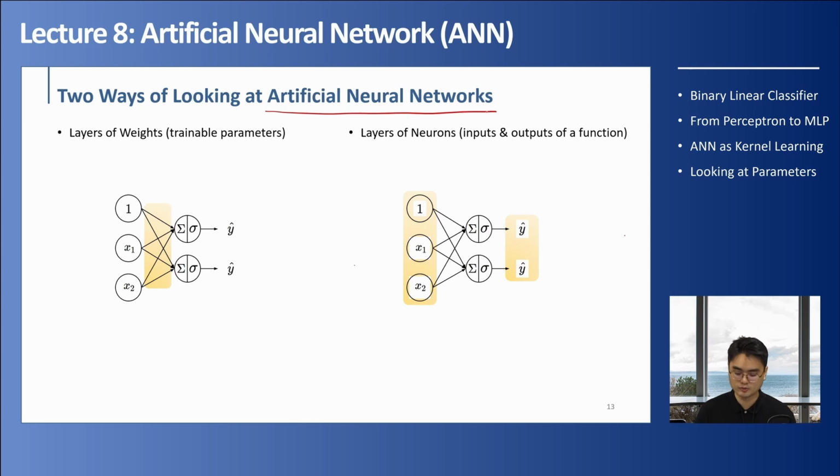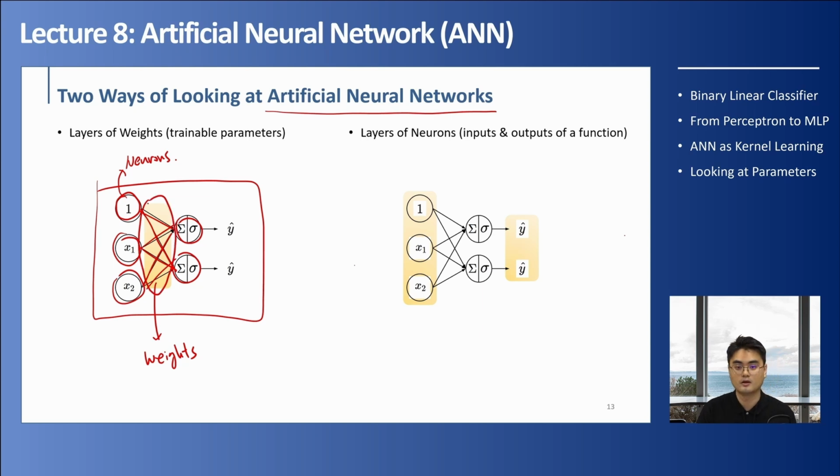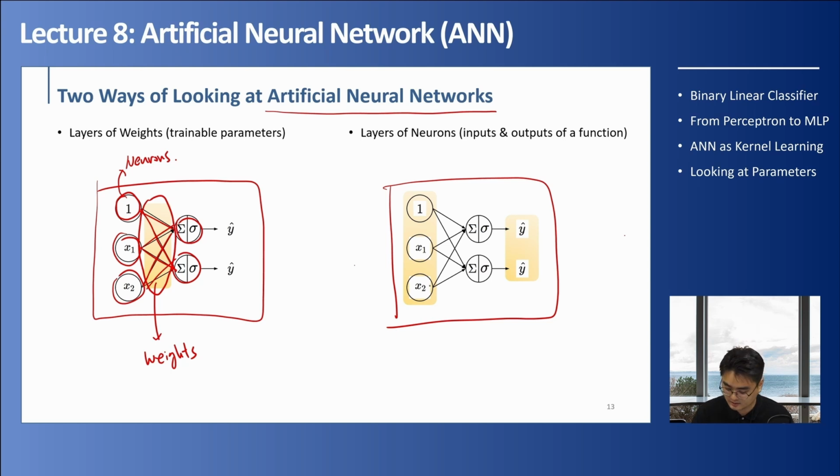So there are two ways of looking at our artificial neural networks. When we talk about this model here, we can see that there are some circles, which we call neurons, and some lines that connect these circles, which are called weights. The first way to see our neural network or MLP model is to see it as layers of weights. And the second way is to see it as layers of neurons.